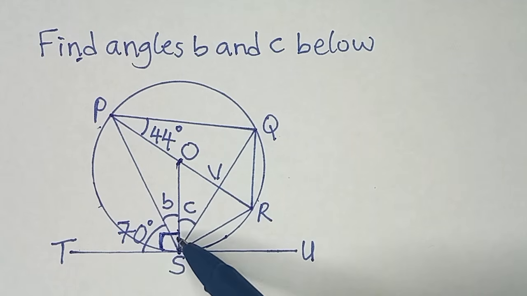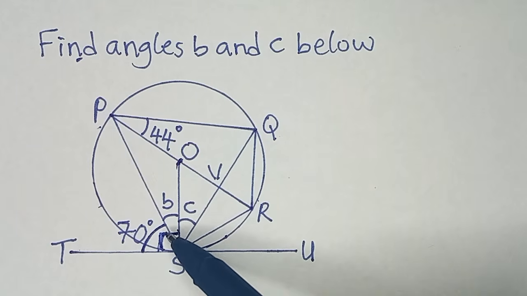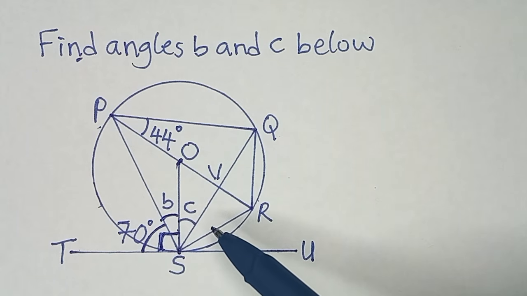So since this is 90 degrees now, and we know a portion of it as 70, and then the whole of the angle is 90, we'll now know how to find the value of angle B, which is the remaining part of the 90 degrees.